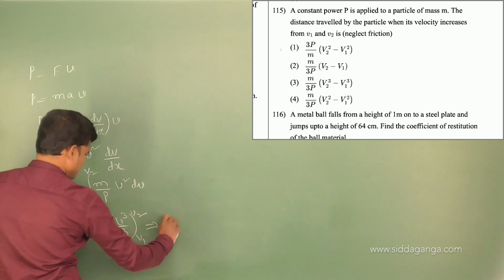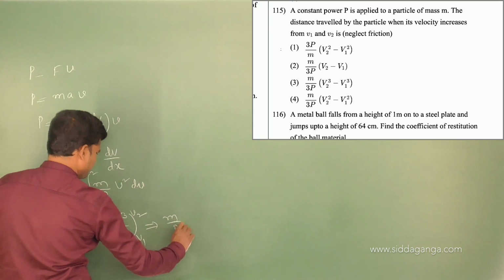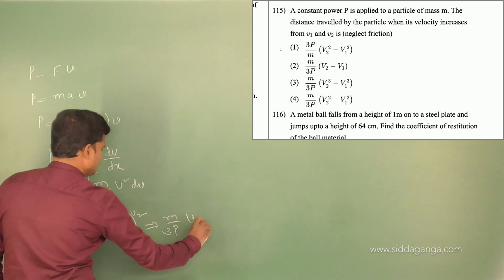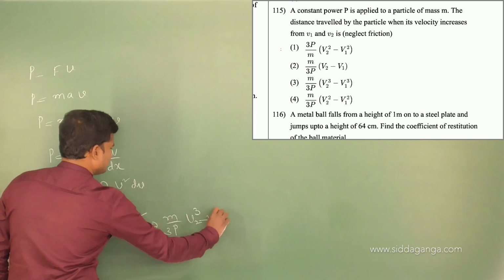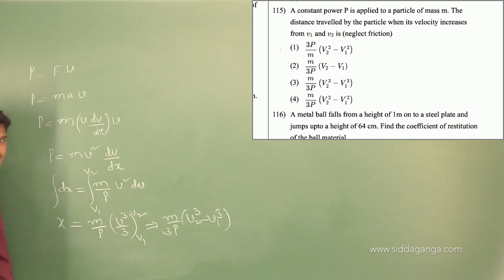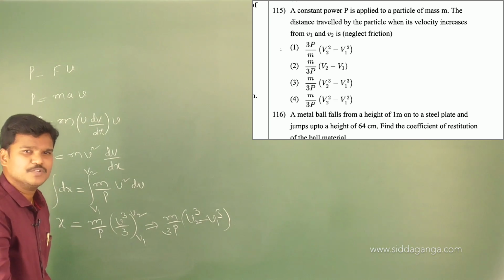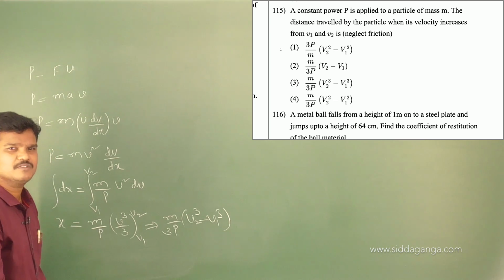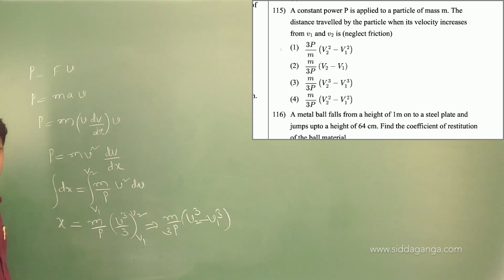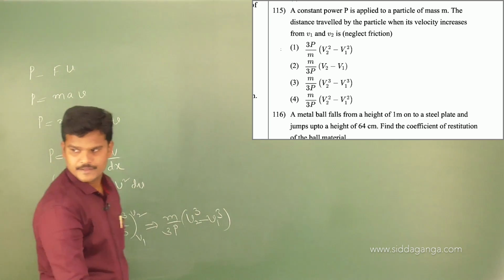Now after the limits, m by 3P, v2 cube minus v1 cube. So check the answer. See the third option, m by 3P into v2 cube minus v1 cube.